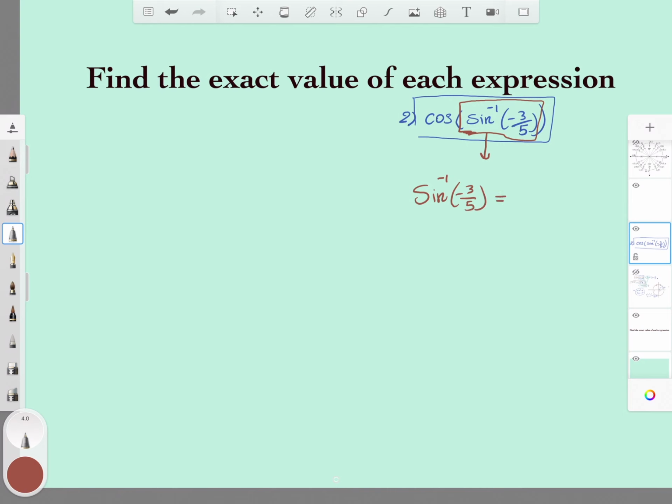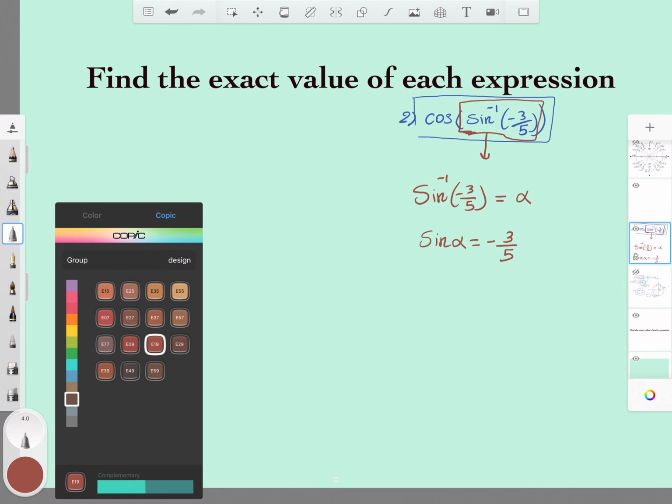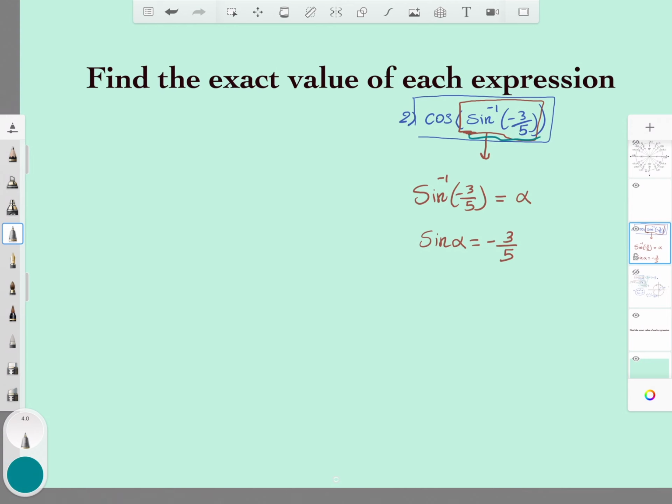I call this alpha. Then sine of alpha will be negative 3 over 5. So back to the question. If the parenthesis is alpha, then we are looking for cosine of alpha.